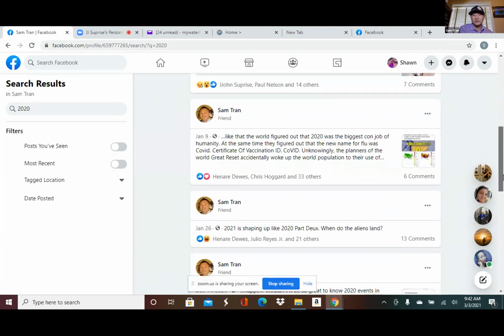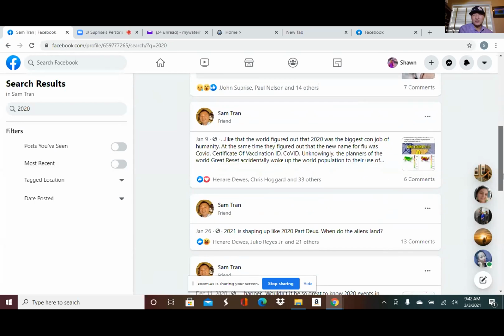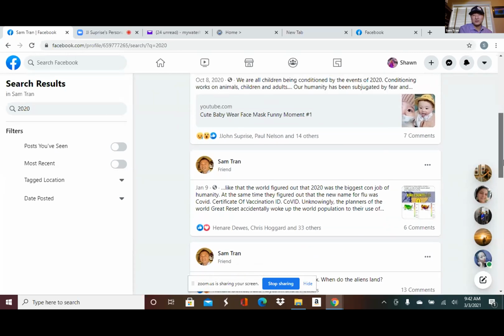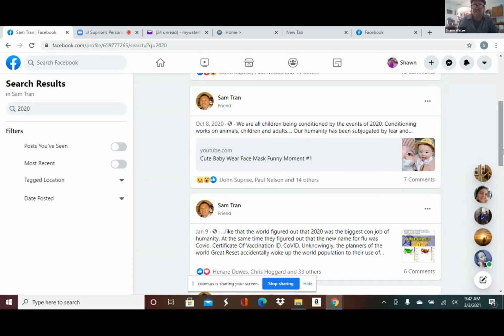Oh yeah, the one with the baby conditioning, one of the baby pictures with petri dishes on. Can you imagine as a baby, that's all you see, and after a while you realize, oh, this is normal. And then when mom takes off her mask, he's like, "Who's that lady?"